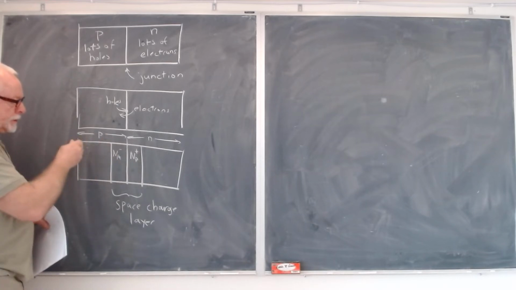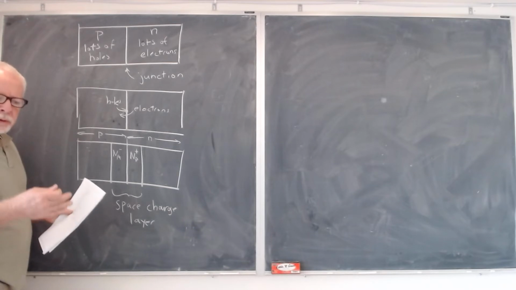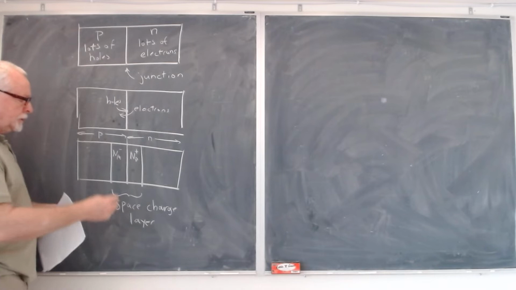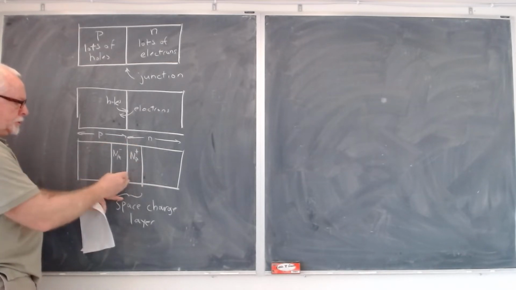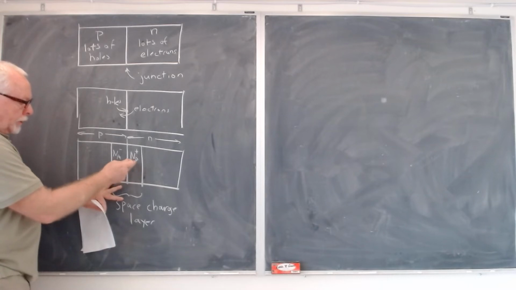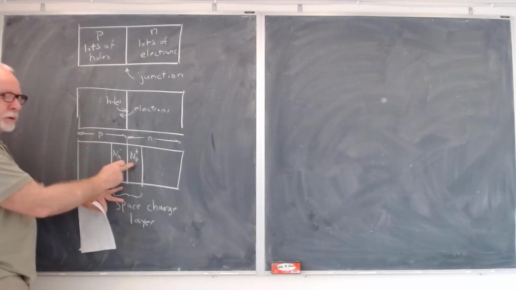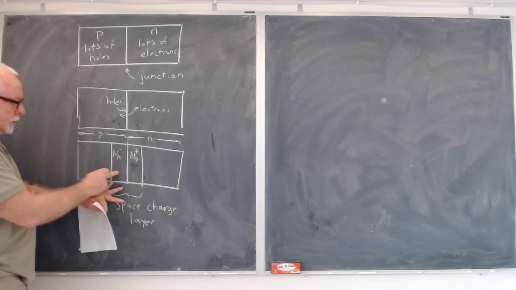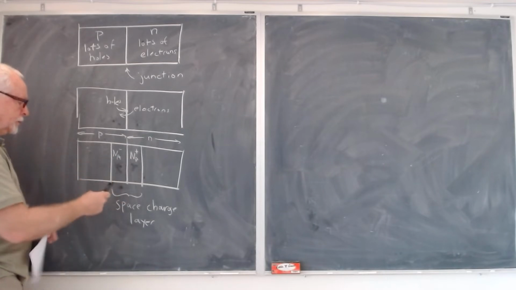But on the P side, there's also holes that match the charge of the acceptors, and on this side there's electrons. And so there's this region near the junction where all the electrons here have disappeared because they cancel with the holes, leaving behind the positively charged donor ion. And on this side, all the holes have disappeared, leaving behind acceptors.